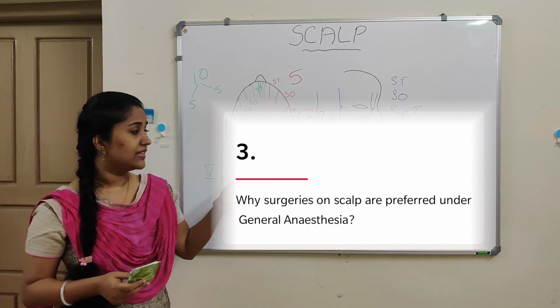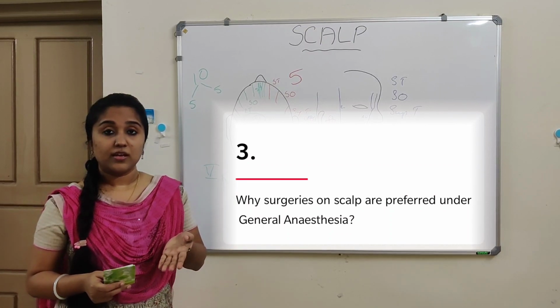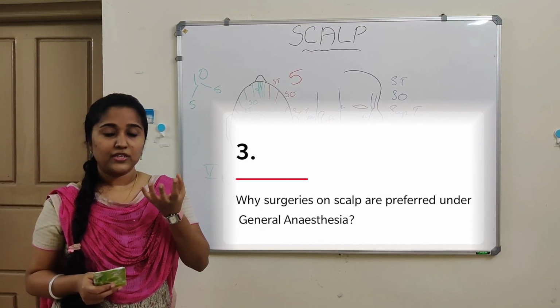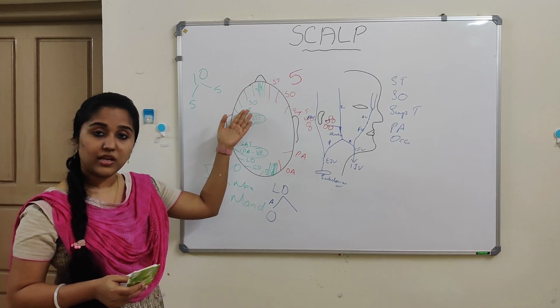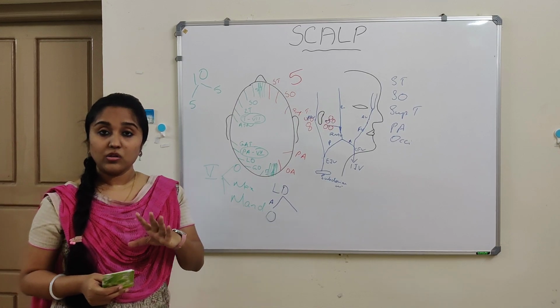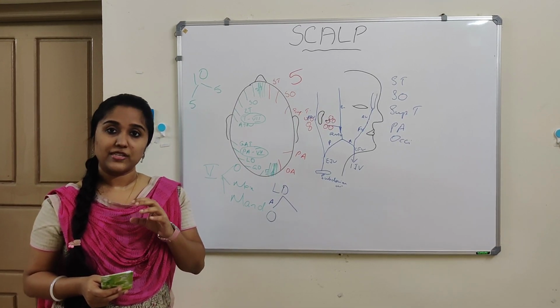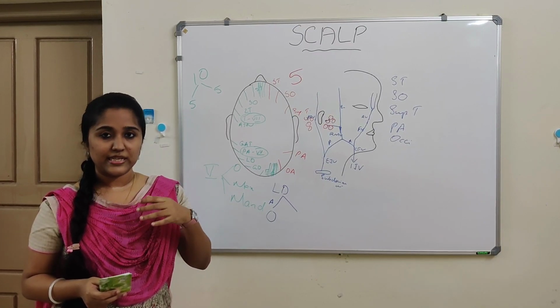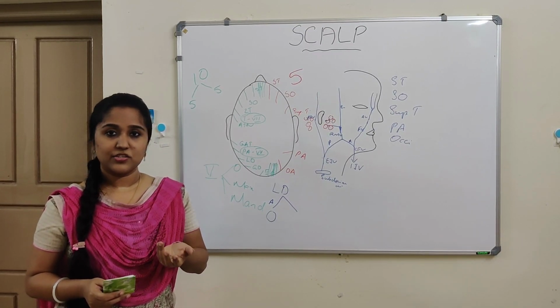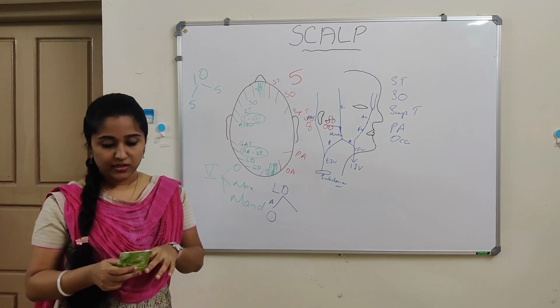That we have already discussed in this section itself. That is due to the overlap of the dermatomes of the trigeminal nerve and the cervical plexus, and also since the subcutaneous tissue of the scalp is thick, the local anesthesia won't diffuse much inside. Therefore, general anesthesia is preferred.